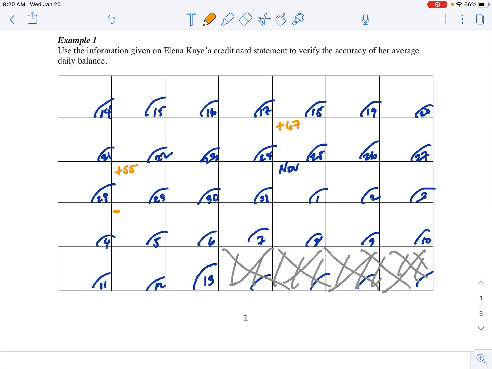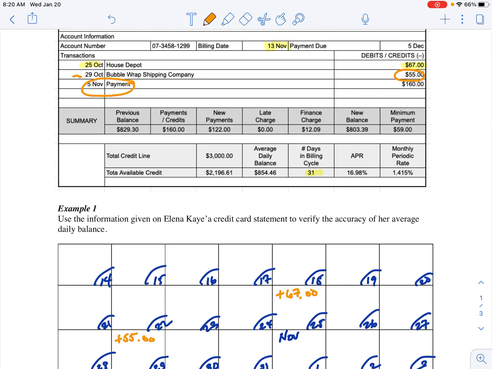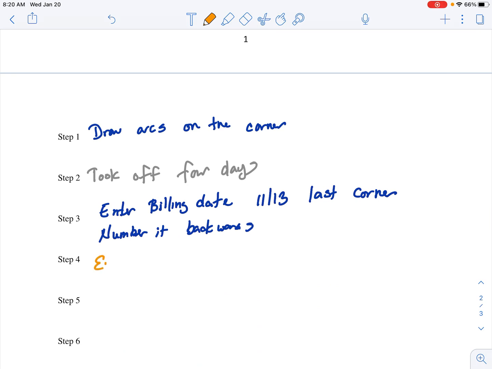That's a negative since it's a payment, November 5th, and that is for $160. That's this right here. So enter debits and credits.